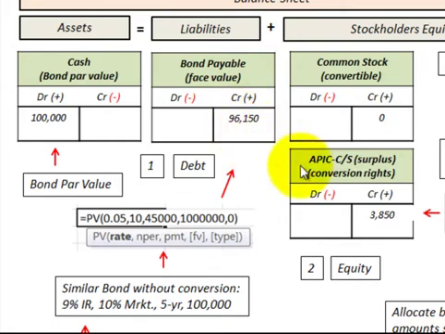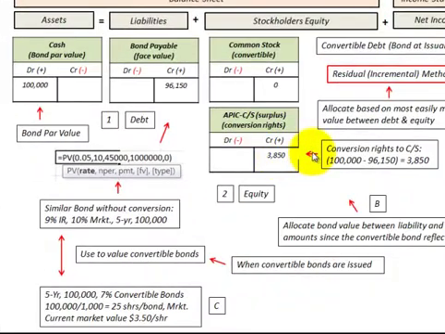Now we have to calculate the equity portion that we have to assign to that bond. We do that by taking the bond's par value amount, which in this case is $100,000, or we debit cash for that amount as our asset. And then to determine the equity portion, which in this case would be in a surplus account for the conversion rights of those bonds, we take the par value of the bond less its liability portion.